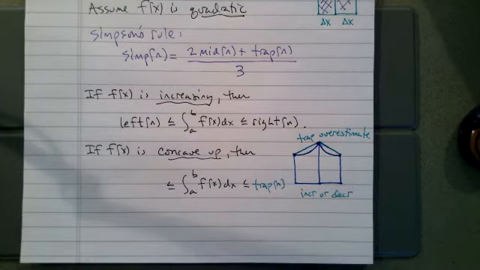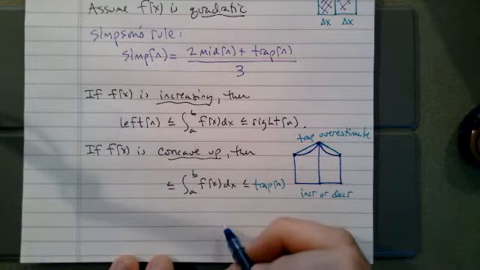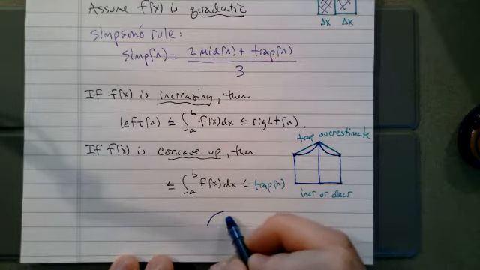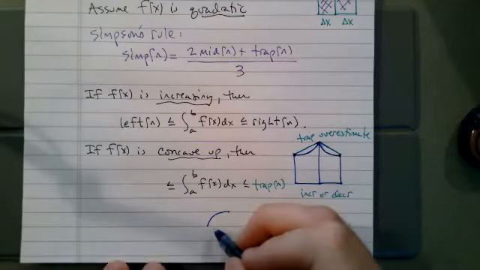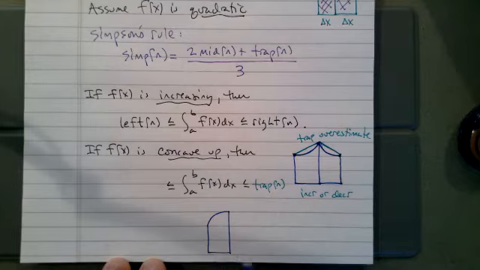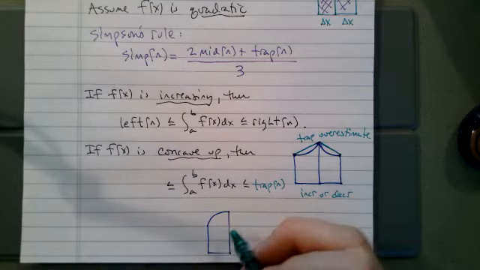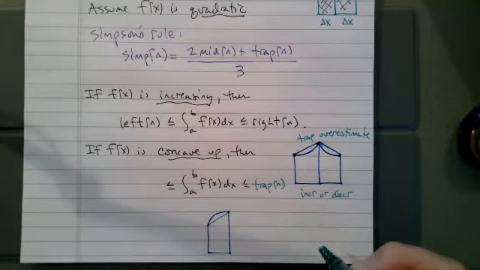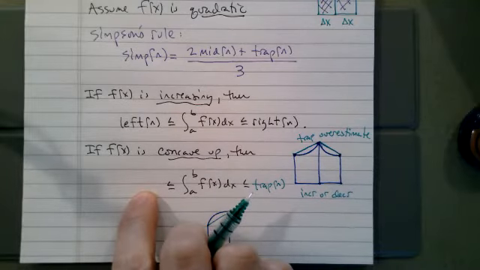But if I have a function that's concave down, the trapezoidal rule will underestimate.